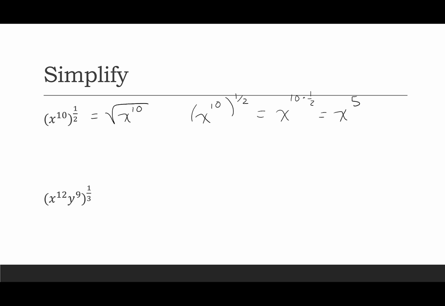I'm going to do the same thing with x to the 12th times y to the 9th raised to the 1/3. This time I'm going to distribute the exponent. So I'm going to have x to the 12th to the 1/3 times y to the 9th to the 1/3. When I multiply 12 times a third, I get x to the 4th. And then I multiply 9 times a third and I get y cubed.